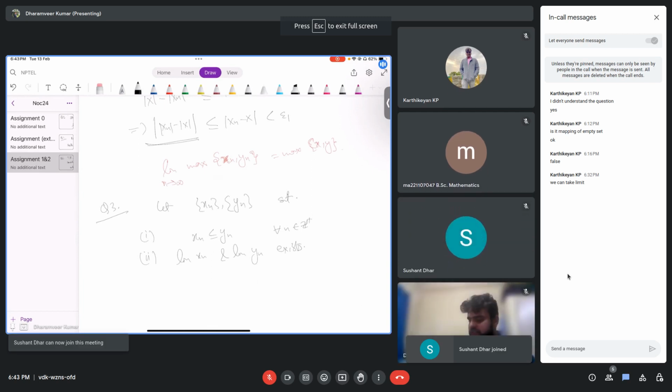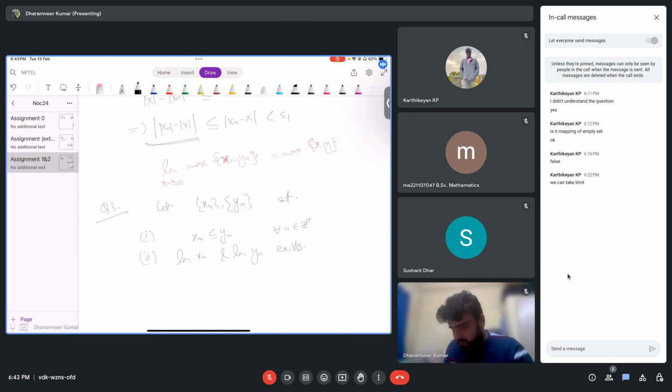Is it possible that the sign is reversed when we take the limit, or will the sign remain? Basically, when you're taking the limit, does the sign remain if the limit exists? Okay?